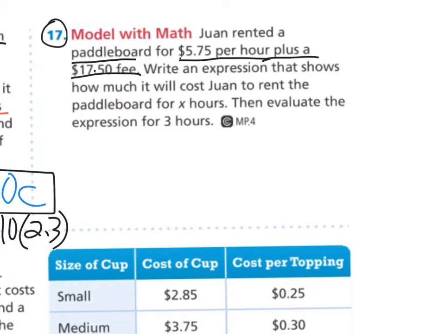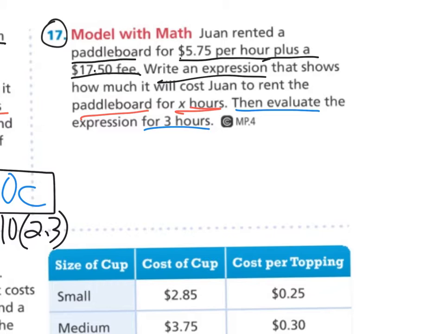Write an expression that shows how much it would cost Juan to rent the paddle boat for X hours, and then evaluate for 3 hours. When they talk about on this problem the $17.50 fee, that's like that one-time fee that we talked about, or that flat fee that we talked about earlier in this lesson.